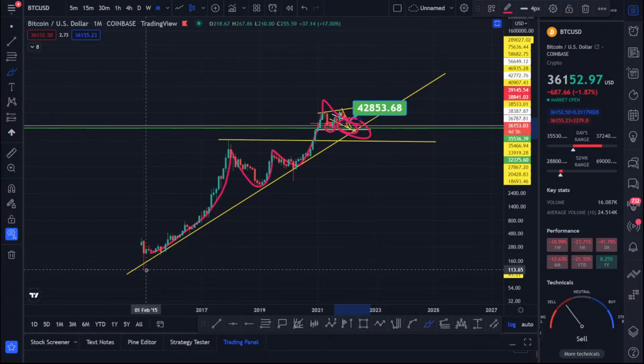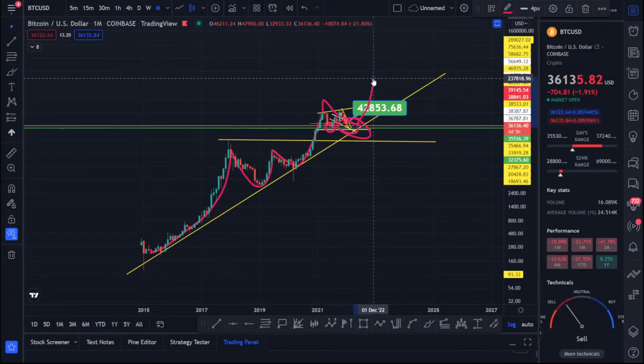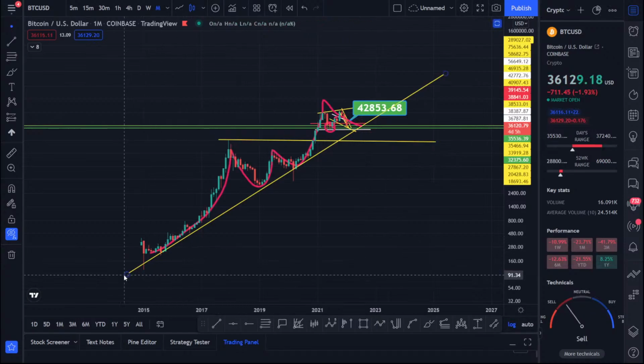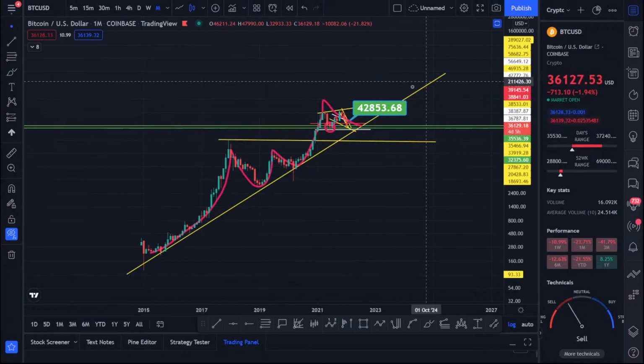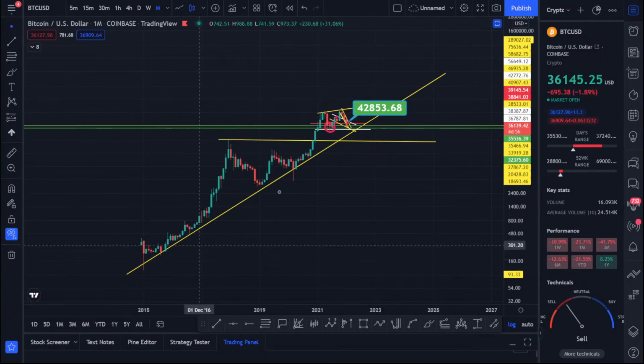And you want to see the price respect this trend line. Once the price respects this trend line this way, you know that we have another run coming up to the upside. And this time the run, whenever it comes, it's going to be huge, if we hold this support line. Just take a look how beautiful this support trend line is.